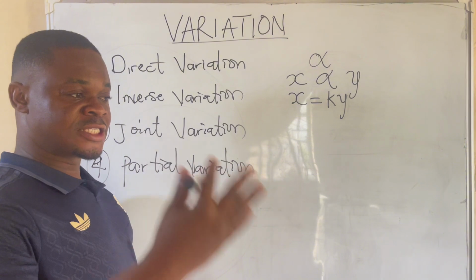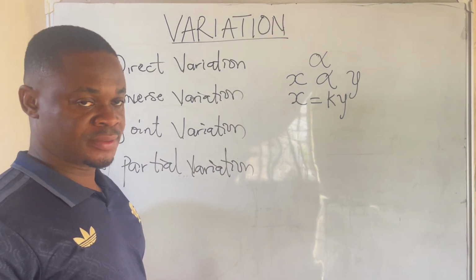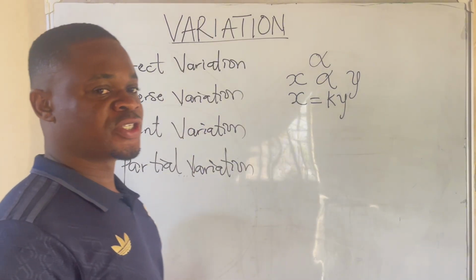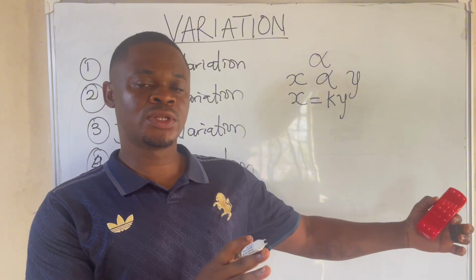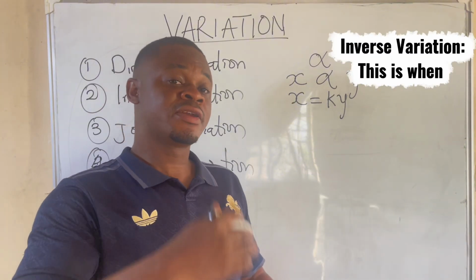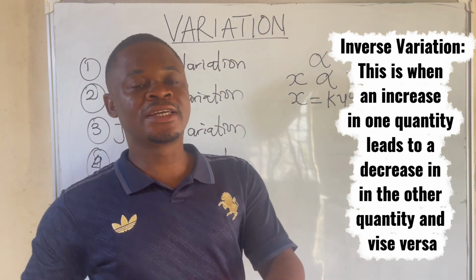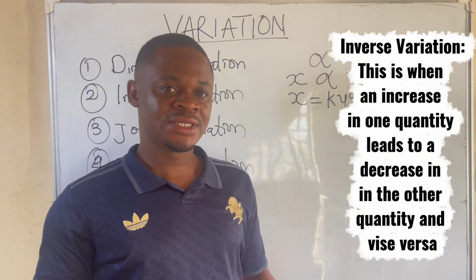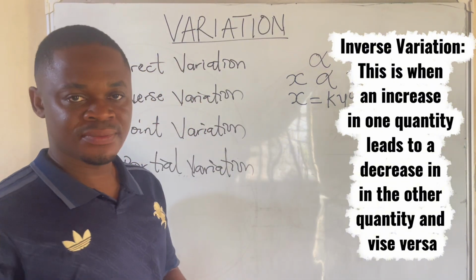We are going to explain these things before we now go into them properly. So for inverse variation, it means that when the relationship of two quantities is such that an increase in one leads to a decrease in the other, we will say that that variation is inverse, or we call it indirect.